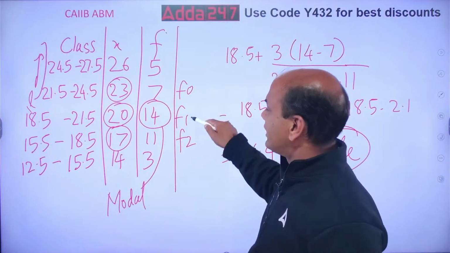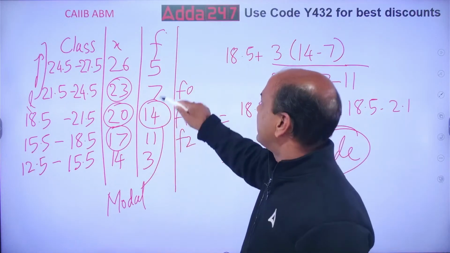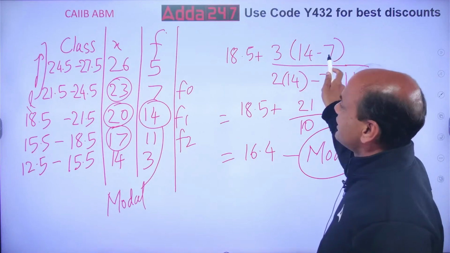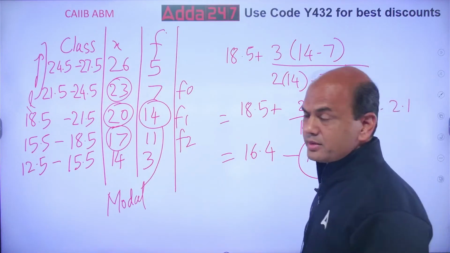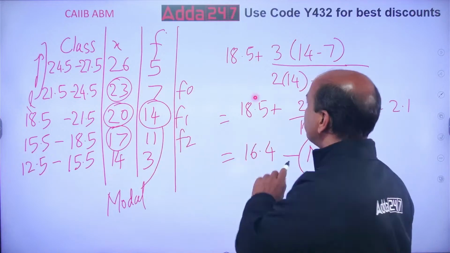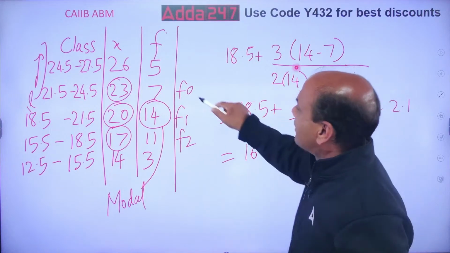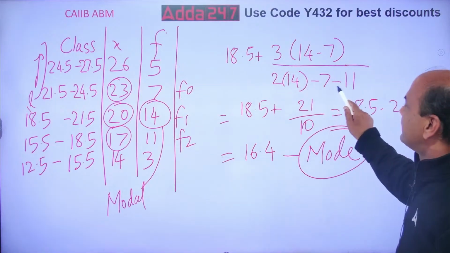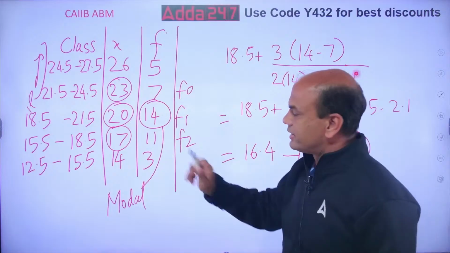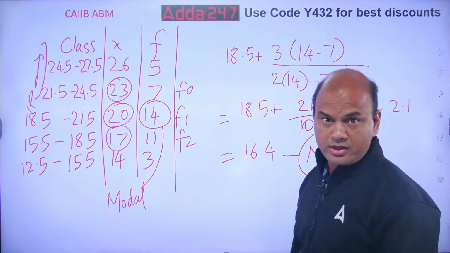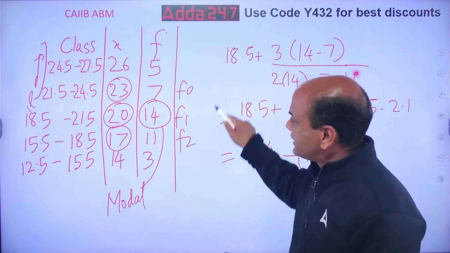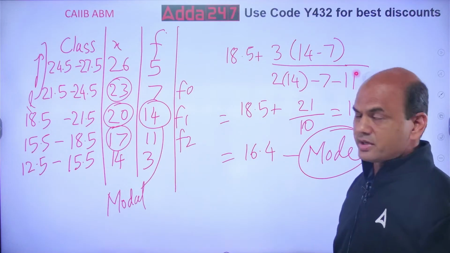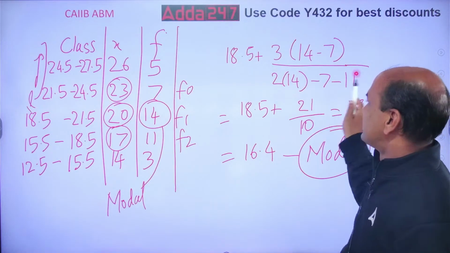So now 3 width into 14 minus 7 upon 2 F1, so 2 into 14 minus F0 minus F2, so minus 7 minus 11. See this, 11. Got it? These terms you must never forget. Got it, everyone?